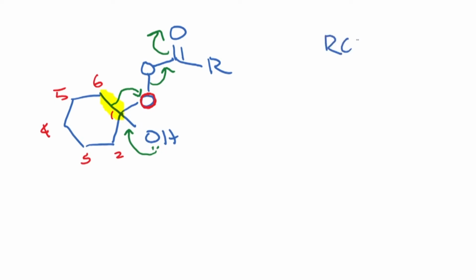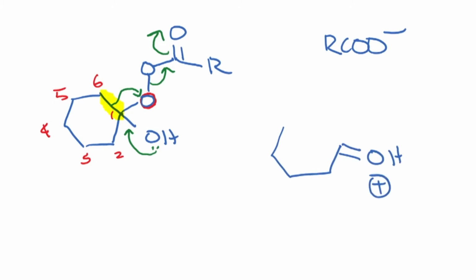The carboxylate I will write here separately, and there's a new bond to the oxygen. I'm just going to draw it exactly the way it is drawn. So this is 1, 2, 3, 4, 5, 6, and 6 is now linked to oxygen.